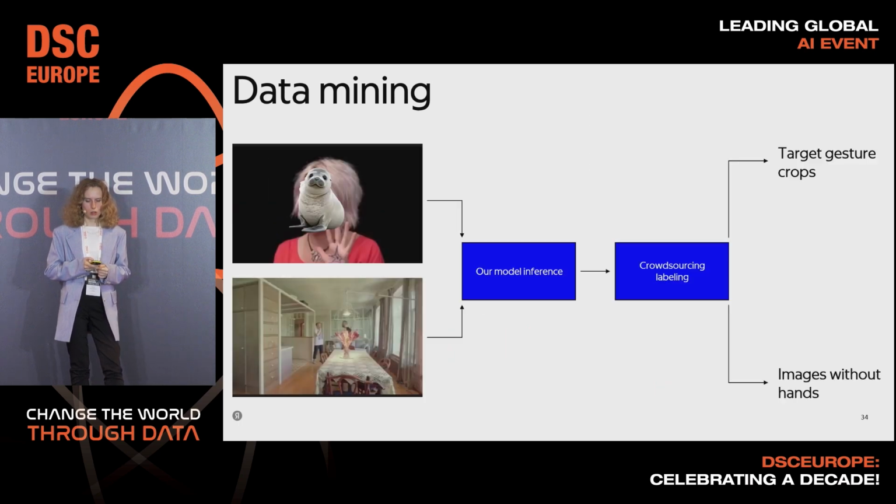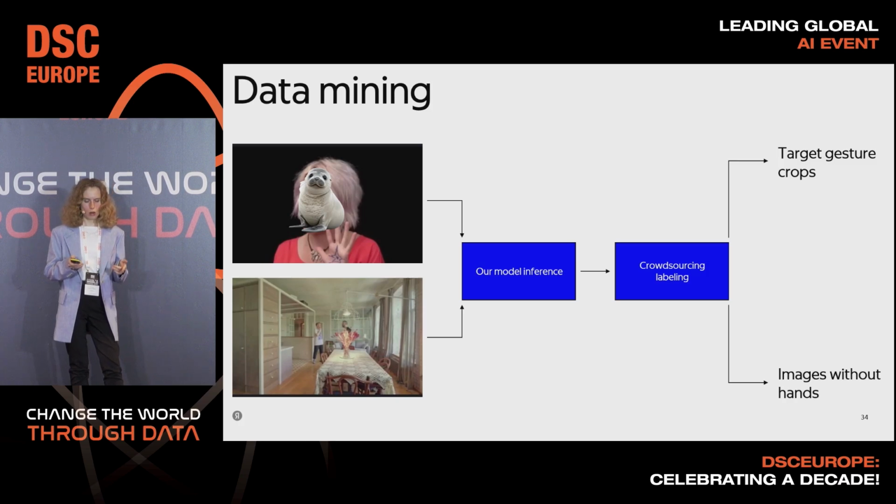And the third way was, again, crowdsourcing labeling, but it was another task, classification, not collecting photos, and it was much cheaper. So we mined a lot of photos with people, and we asked our respondents to answer the question: are there any hands in these photos where our model found them?